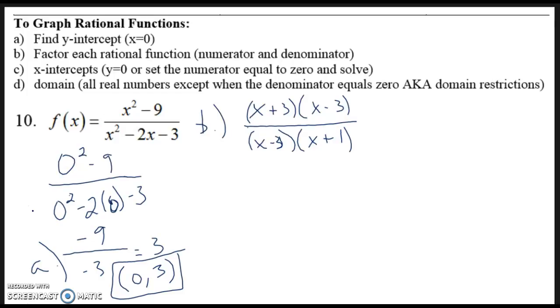It's kind of weird. So I've got x minus 3. I'm going to set that equal to 0. So I'm going to add 3 to both sides, because that's what will divide out, right? And so I have x equals 3. So I have a hole at x equals 3. Okay?